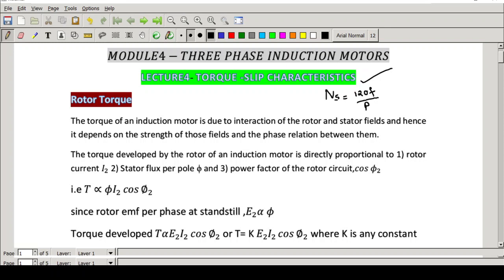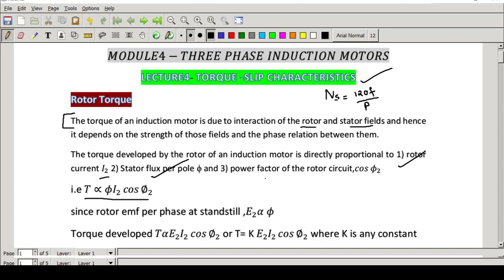Okay, now we will try to develop an equation for the torque. The torque of an induction motor, as I told you, is due to the interaction between the current-carrying rotor conductors and the stator field. Based on this, the torque developed by a three-phase induction motor is proportional to, first, the rotor current I2 in the rotor conductors; next, the stator flux phi; and the third one is the power factor.